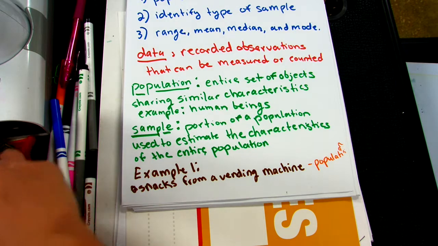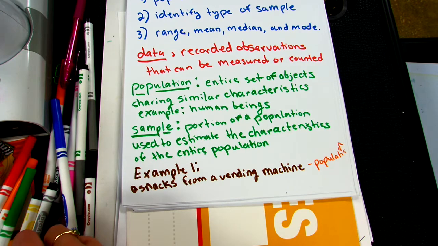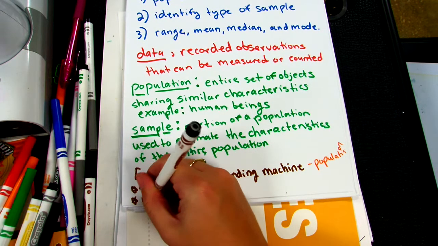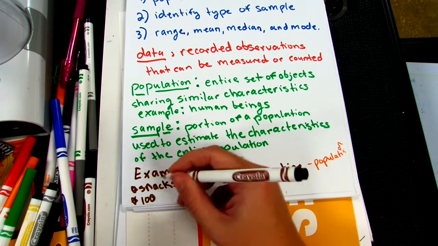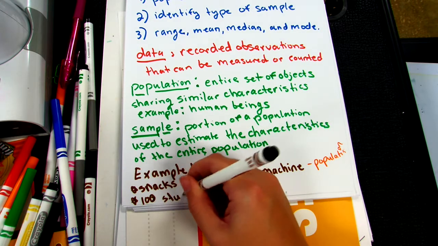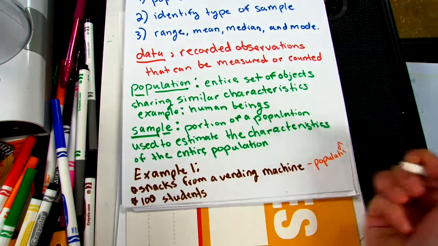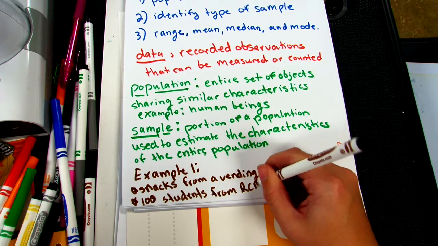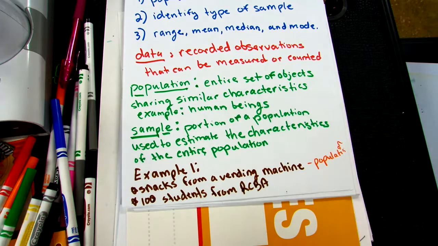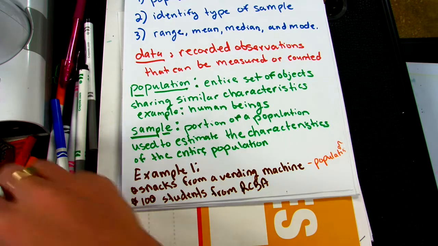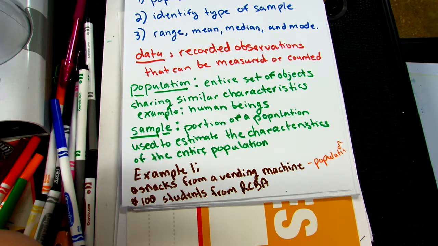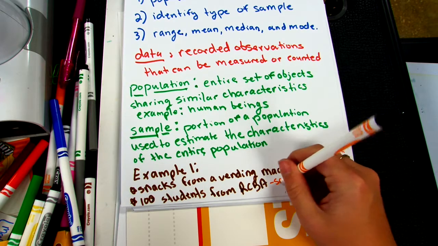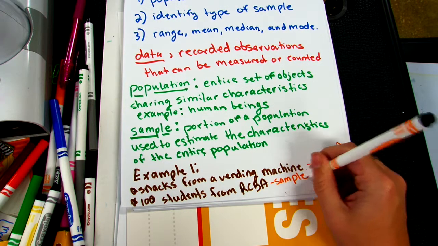Okay. Well, what about 100 students from RCBA? Well, since we're not considering all students, we're only considering 100 of them, we would say that that would be a sample, because we're not talking about the entire population, just 100 of them.